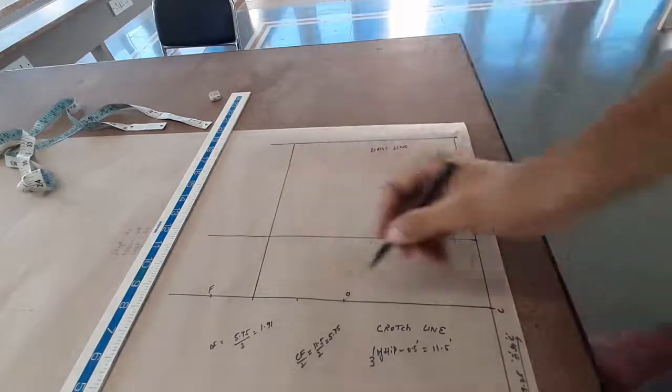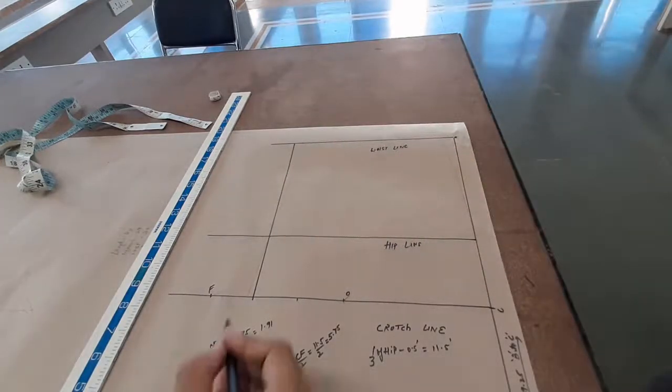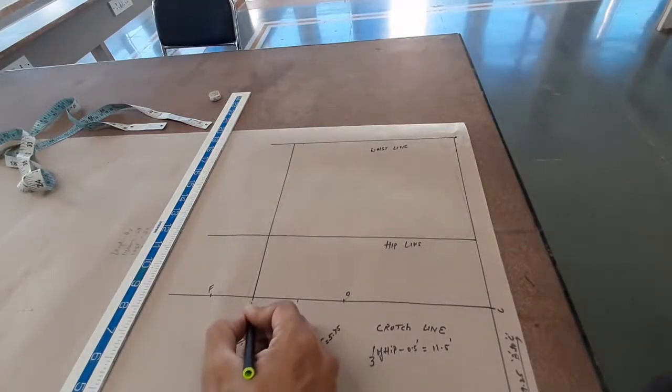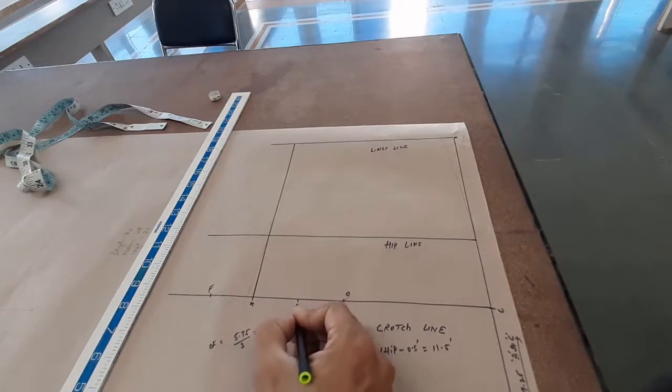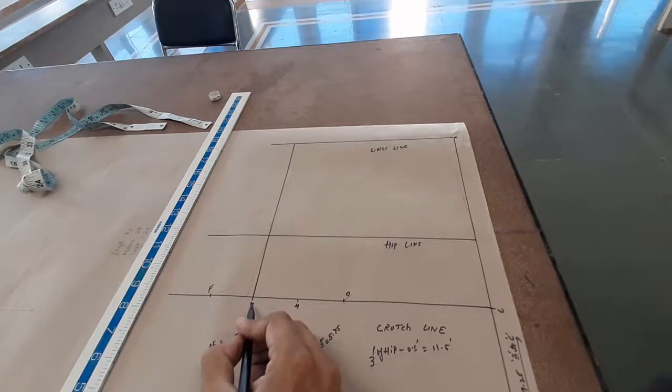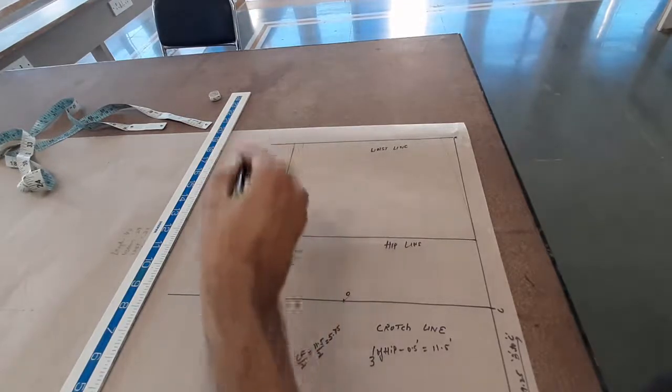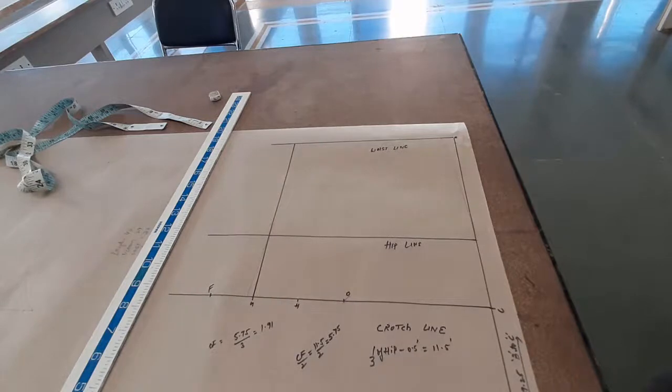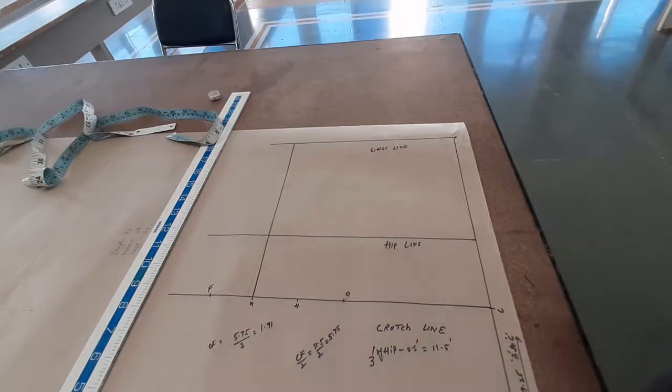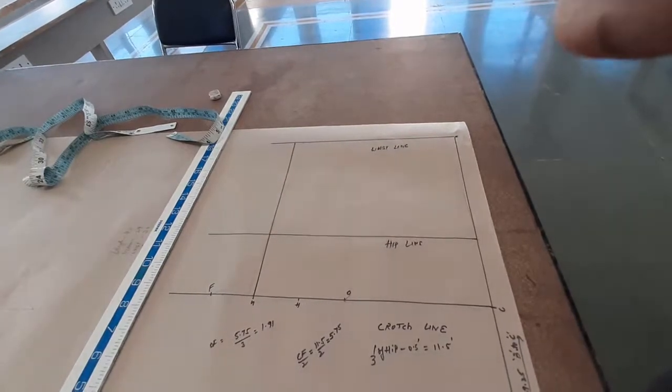Suppose we are naming these points G and H. From this G point, we need to draw a perpendicular line till your waistline. So this is our crotch line completed.